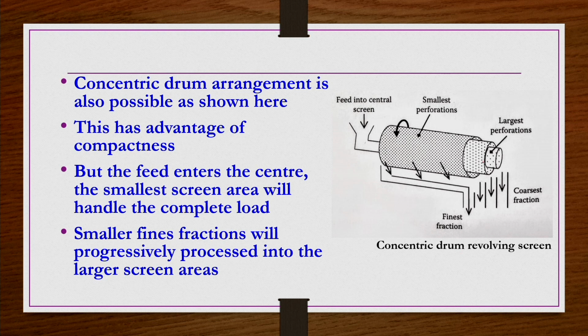Let us say you have several concentric drums of different openings. In sequence, they are arranged such that the largest perforation is at the center and the finest one is at the end. So, from the center you get the coarsest fraction, from this particular section you get the finest fraction, and in between you can get the medium products also.